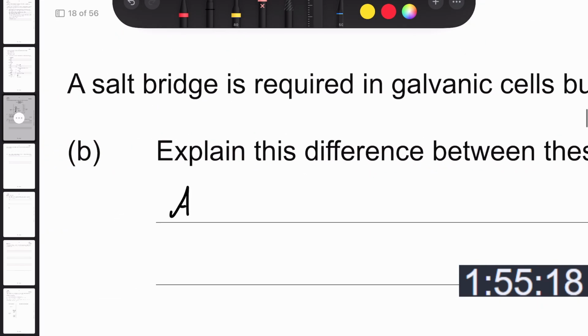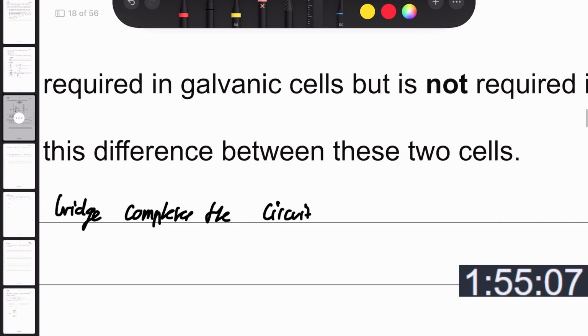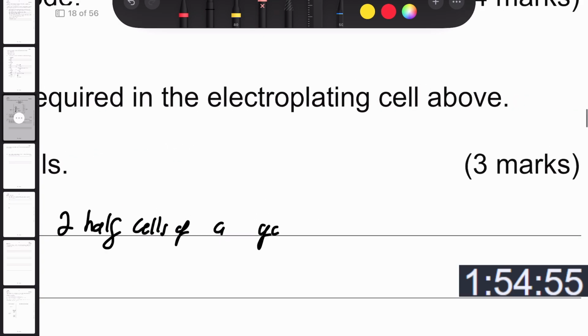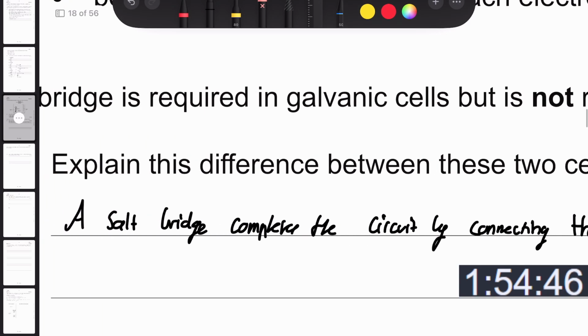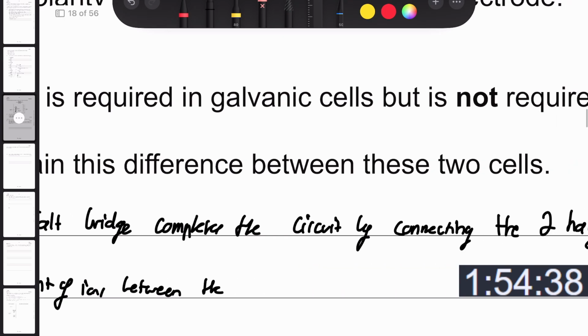In galvanic cells, a salt bridge completes the circuit by connecting the two half cells of a galvanic cell, allowing free movement of ions between the half cells.